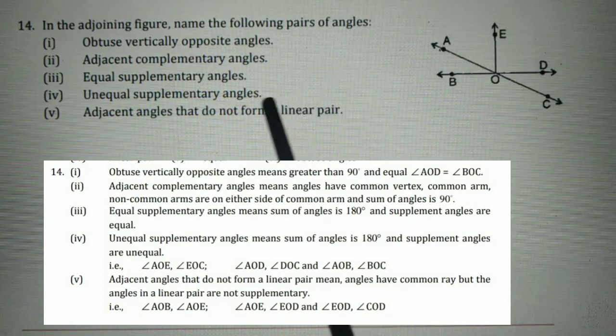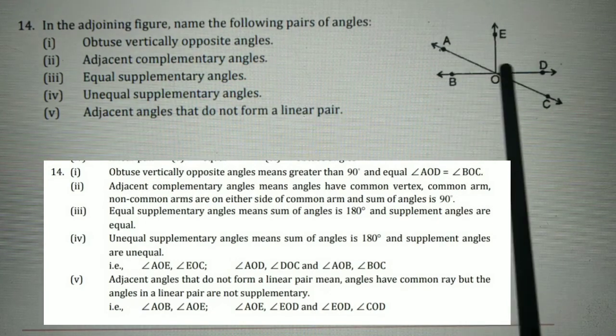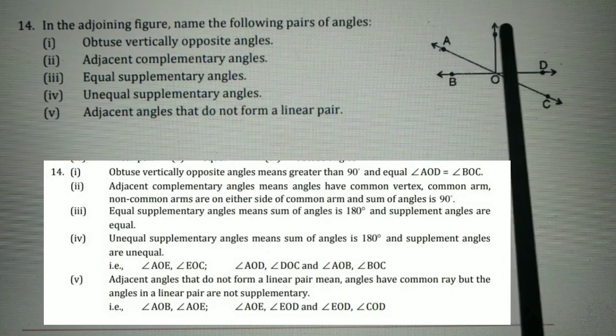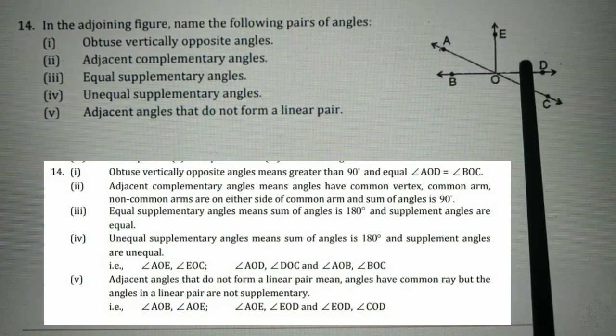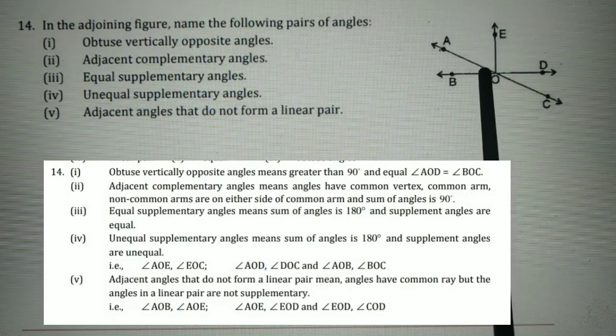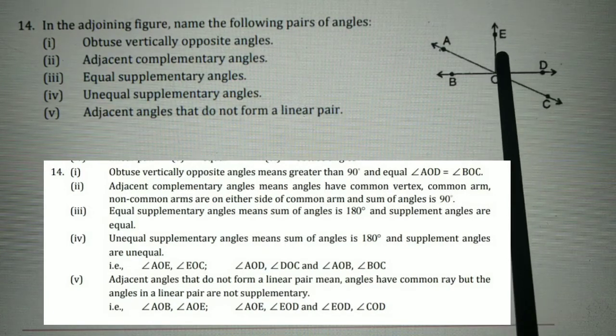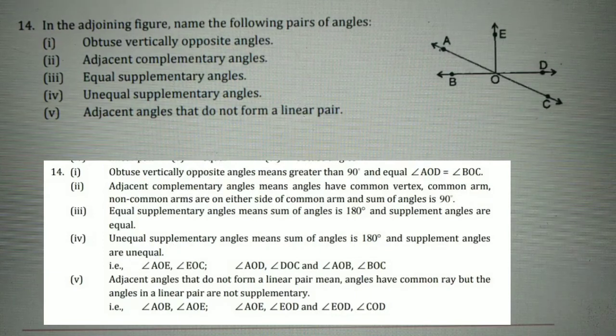So equal supplementary means you must find two angles which are 90 so that their sum is 180 degree. Now you can see BOE and EOD. These two angles are equal supplementary angles. One is here 90, that is BOE, and EOD also 90 degree.